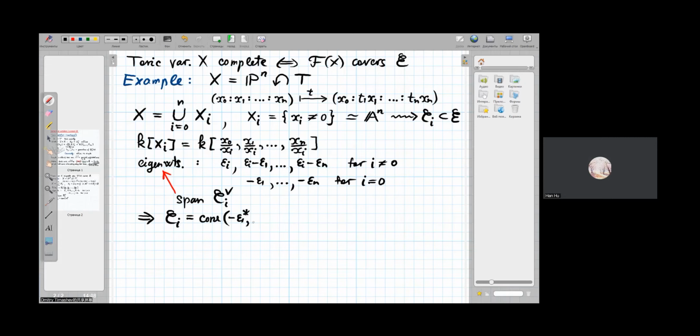So minus epsilon 1 star, etc. On the ith place, we have epsilon 1 star plus, etc., plus epsilon n star.